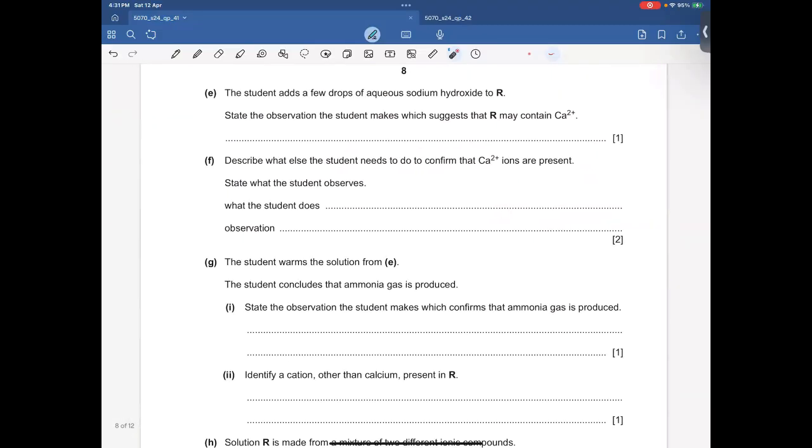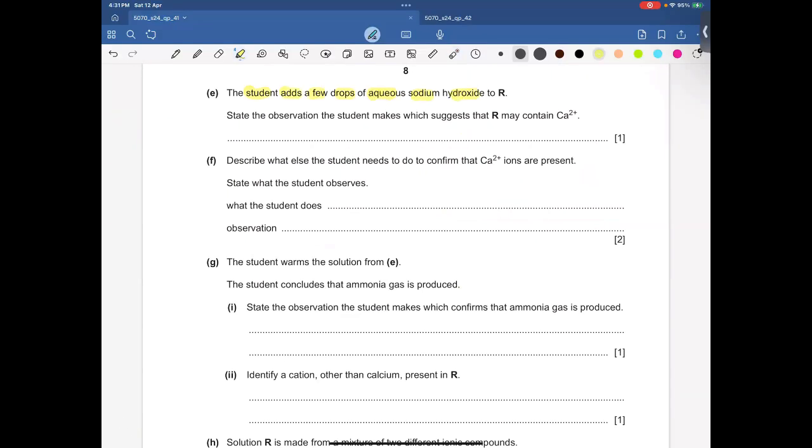The student adds a few drops of aqueous sodium hydroxide to R. Okay, state the observation the student makes which suggests R may contain calcium ion. Okay, so if R contains calcium ion and we are adding sodium hydroxide to it, obviously we will get white precipitates. Now white precipitates are formed.